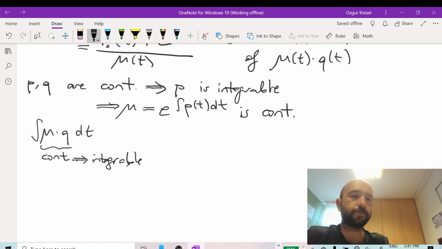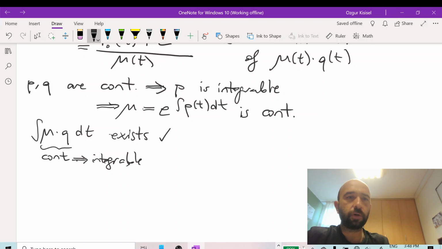That's what we're checking. So this integration is theoretically okay, and the result will also be continuous. There's no problem about that. Whether or not you can find the integral, that's another question, but at a theoretical level, this function exists. This is an integrable function.